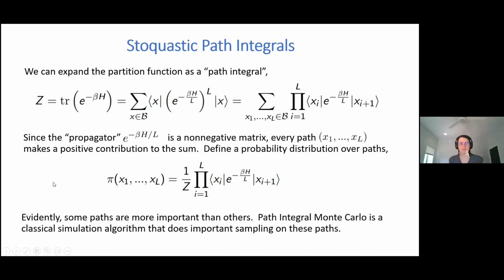And well, a reason to do that is that you see that some paths become more important than others, right? What was the core idea behind Feynman's path integral formulation is that all possible paths are contributing to the amplitude with various phases. But in this formulation, you see that some paths tend to dominate the path integral.